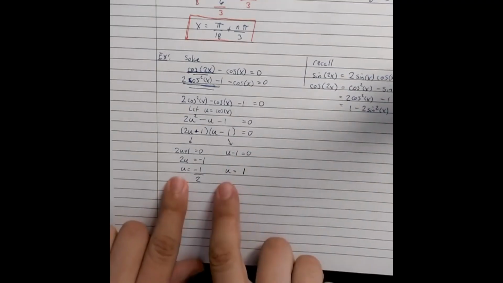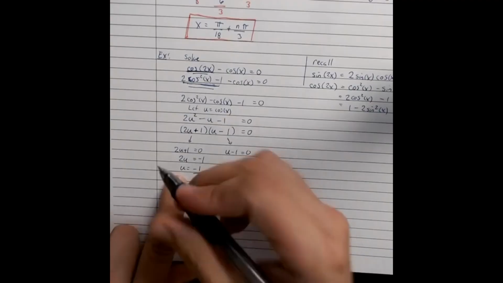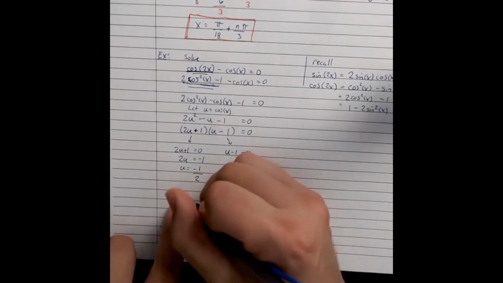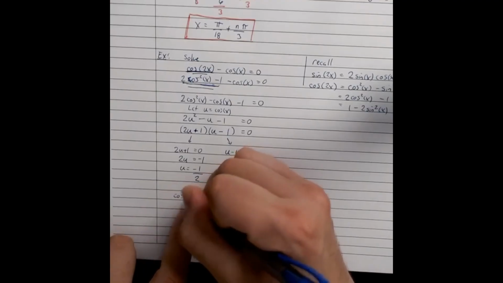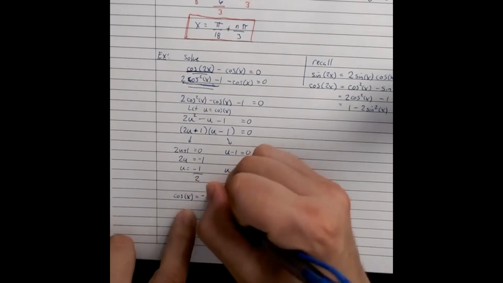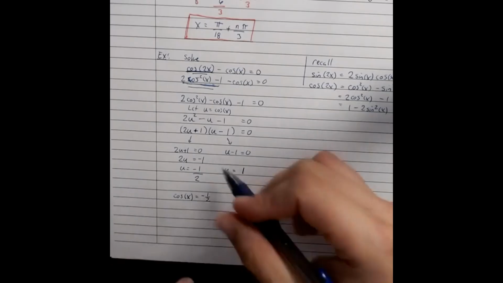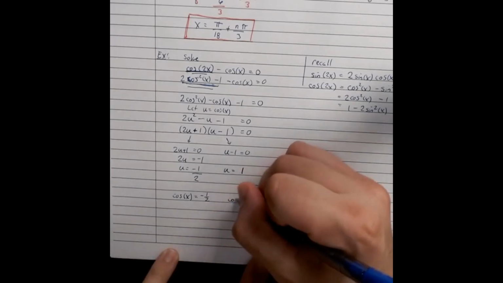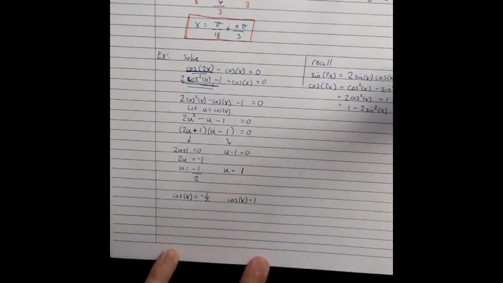But remember, u, up here, we said u was equal to the cosine of x. So this is now the cosine of x equals negative a half, and the cosine of x is equal to 1.